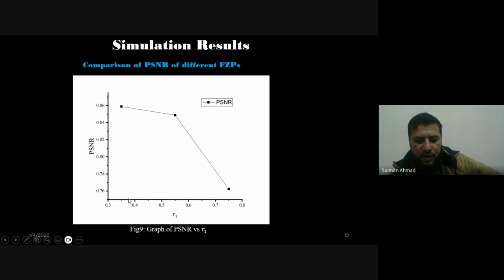If we increase the value of R1, the value decreases, and at an R1 of around 0.35, the value gets better.